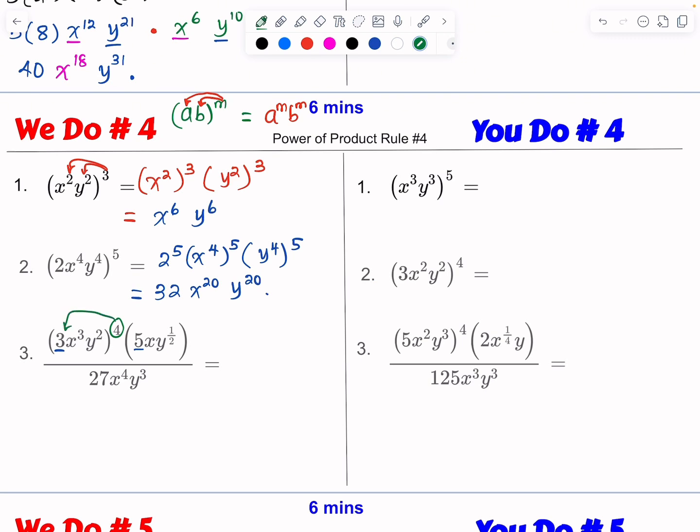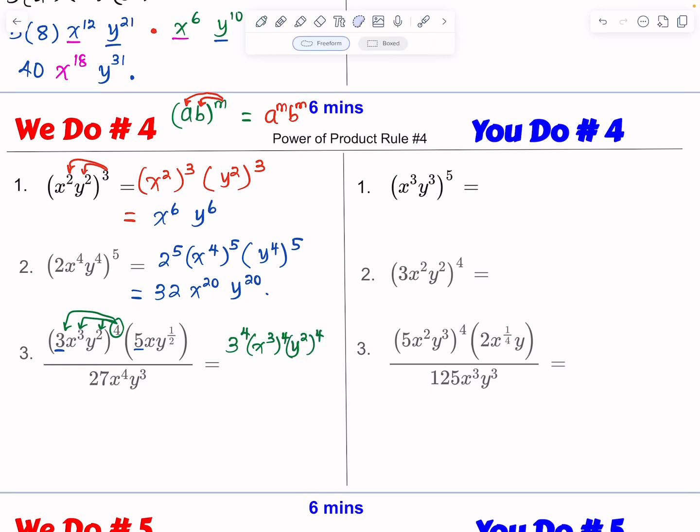I give that power to each of those things that I have inside that parenthesis. And then, what do we have? We have 3 to the power of 4, x to the power of 3 to the power of 4, then I have my y to the power of 2 to the power of 4.